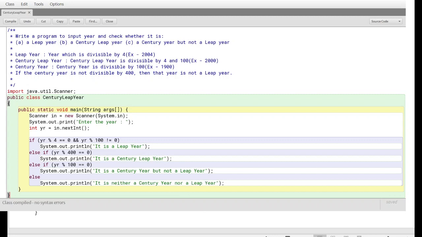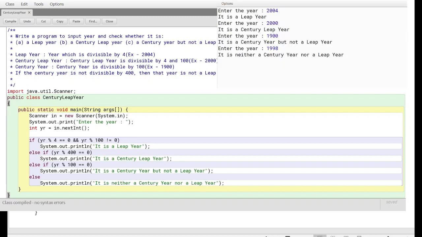So, let me show you the output, how the output will look. Look, I've given 3 years.